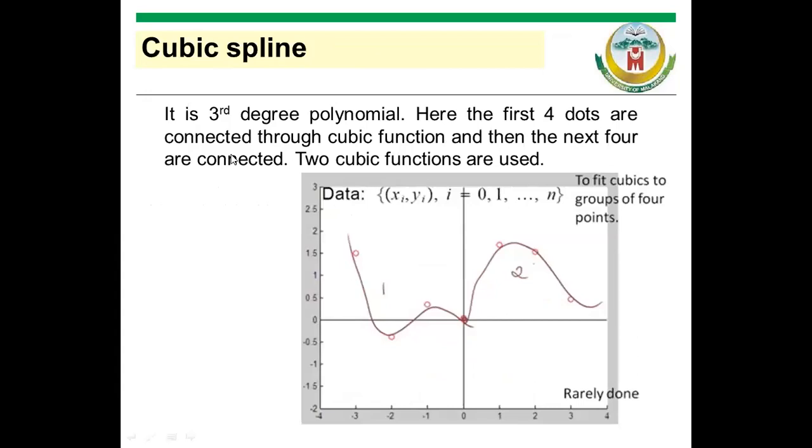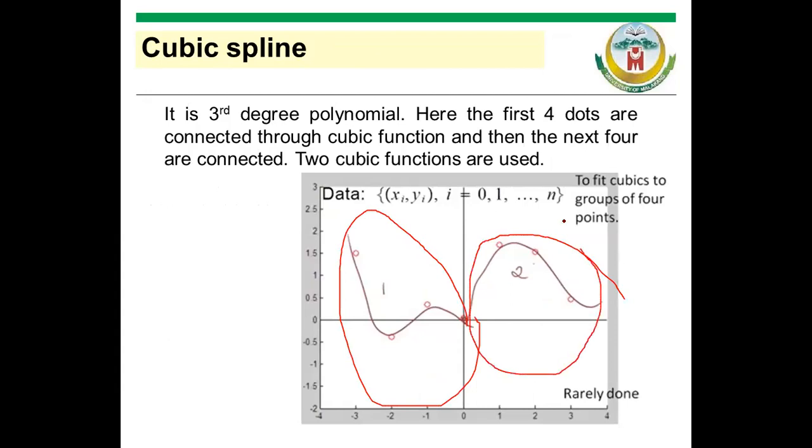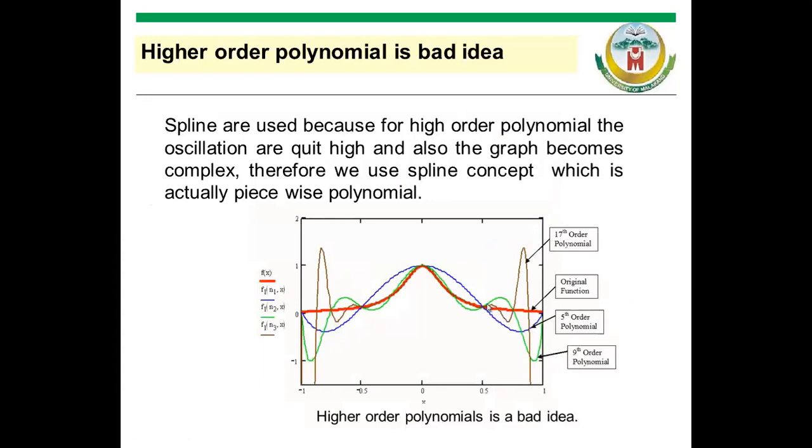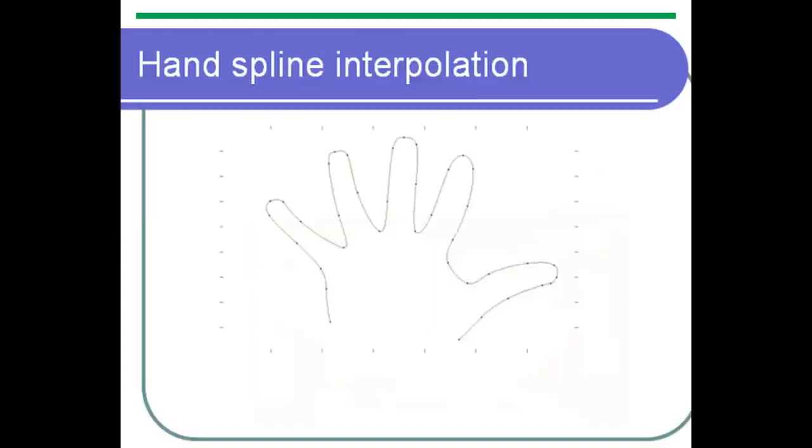And for cubic functions, this function is divided into 2 cubic functions. One set is this one, and another set is this one. Now splines have many applications, and at this stage it will not be very easy for you to understand, but I will go to the applications.